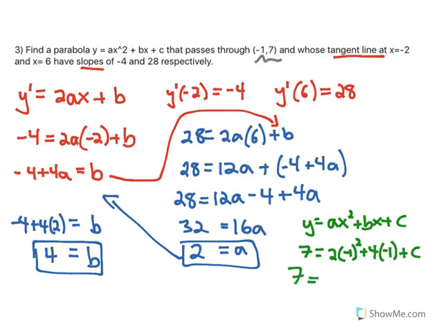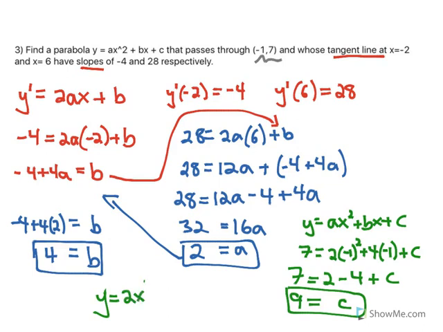And we get 7 equals 2 minus 4 plus c. So 9 equals c. So our parabola is y equals 2x squared plus 4x plus 9.